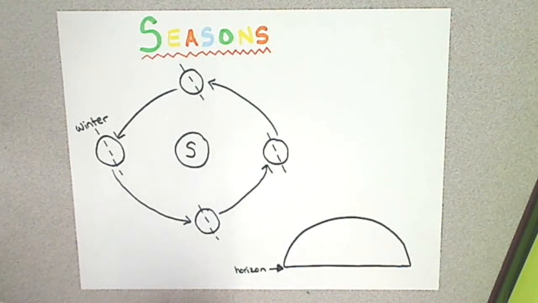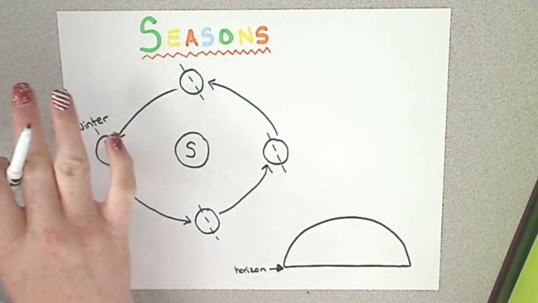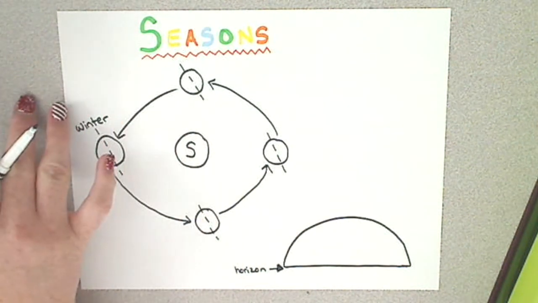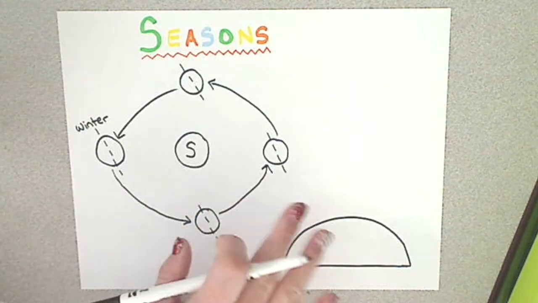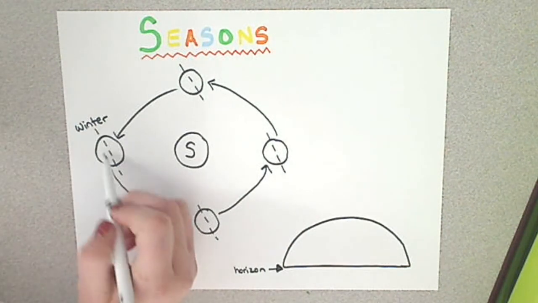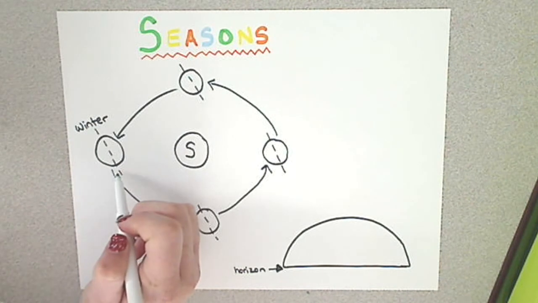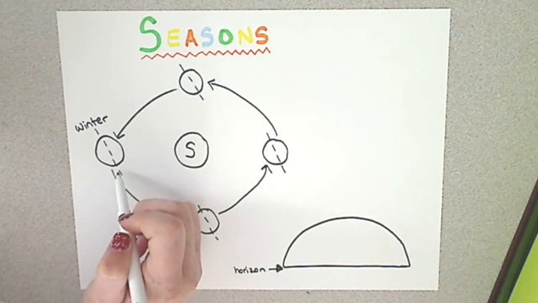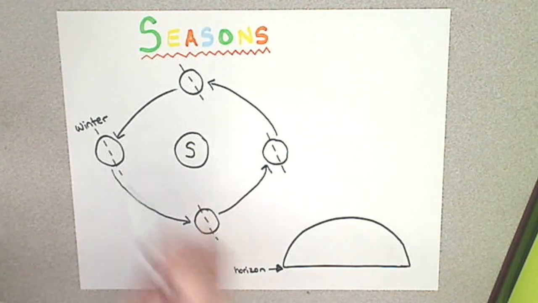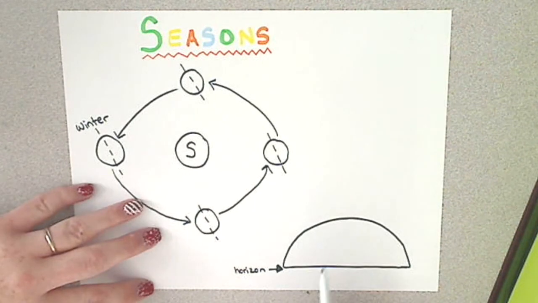And if you watch throughout the day, you can watch as the sun rises in the east and sets in the west every single day, like clockwork. But based on the tilt of the Earth, the path of the sun across the sky is going to be different. So in winter, the path of the sun is going to be rather short.